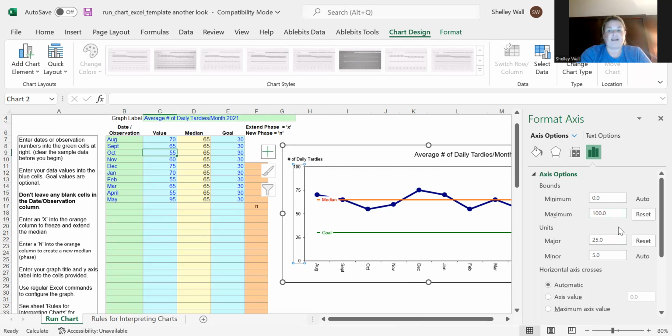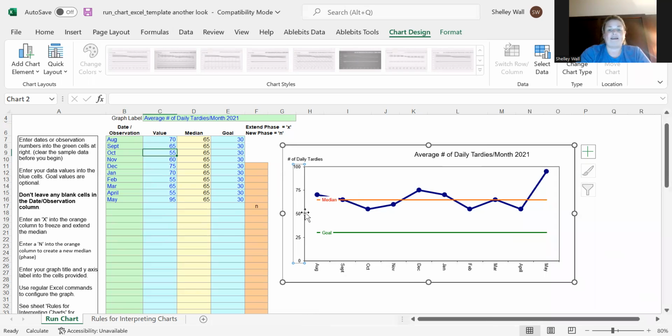And then I reset my major units, the increments in which it counts, to 25. So you can see that went from 0 to 100 by tens, and now I have 0 to 100 by 25s. It's still easy enough that you can access the data and determine where things are.